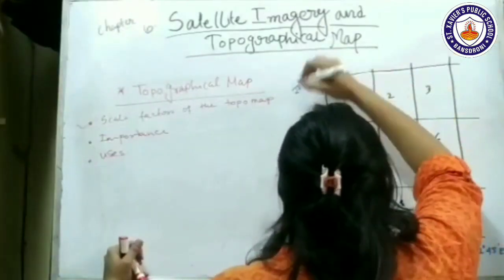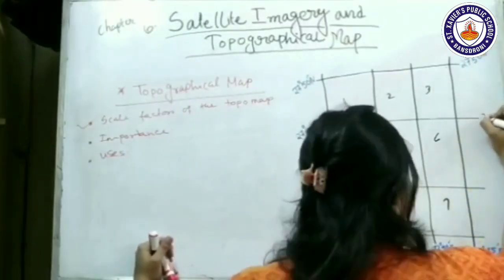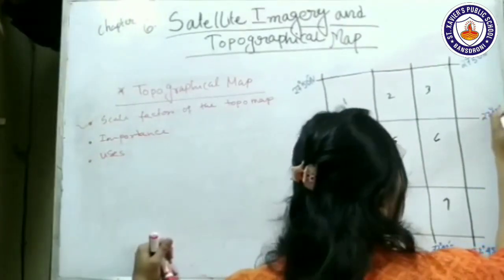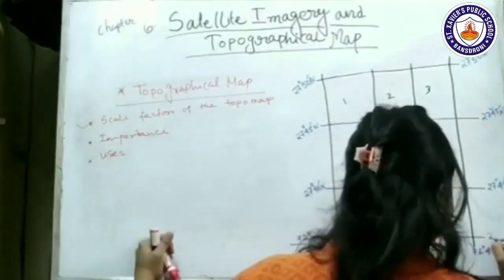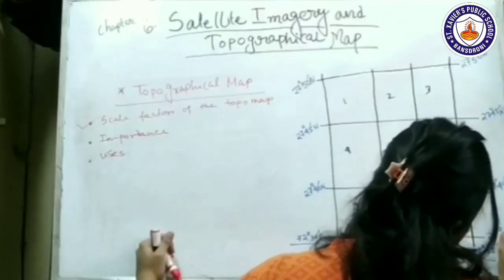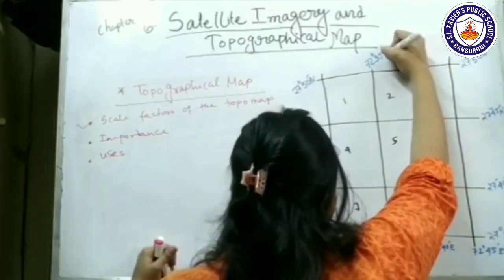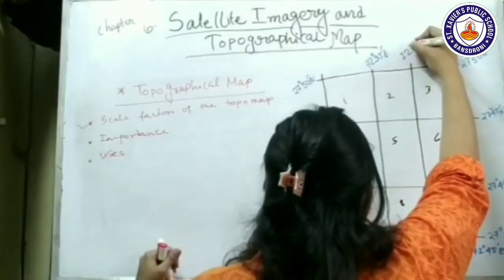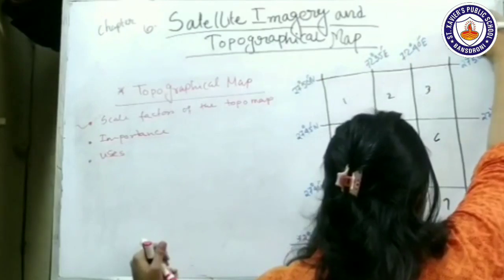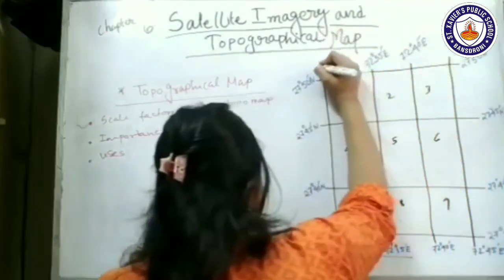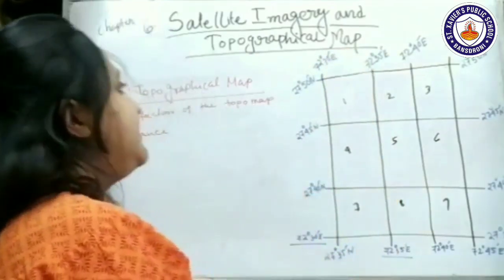On the other side, the values are the same: 27 degrees 50 minutes north, 27 degrees 45 minutes north, 27 degrees 40 minutes north, 27 degrees 35 minutes north, and along the bottom 72 degrees 30 minutes east, 72 degrees 35 minutes east, 72 degrees 40 minutes east and 72 degrees 45 minutes east. So this is the grid system of the topographical map.